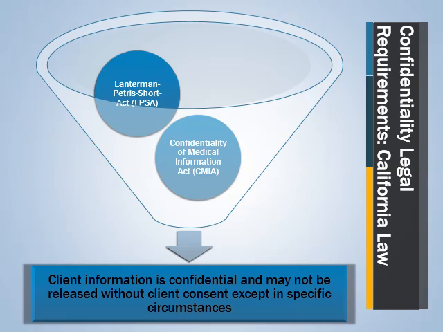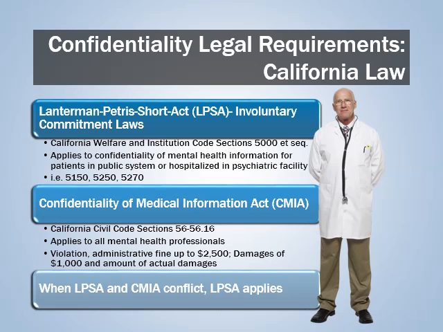Okay, so let's talk about the legal aspect of confidentiality. And there's two primary laws to know about, and that's the Lanterman-Petris-Short Act, LPSA, and the Confidentiality of Medical Information Act, CMIA. So, two California laws.